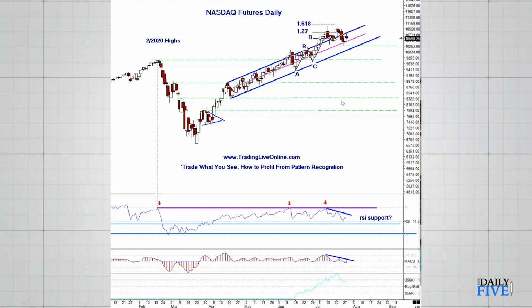So we really want to be keeping an eye on these most current support areas and see if these hold or if we break and we're going down for more of a correction. But I do think whatever correction we see at this time may be setting up some very good buy opportunities coming up in the near future.